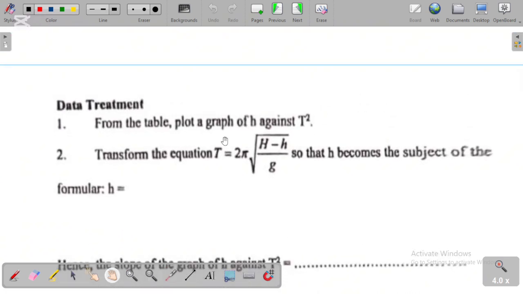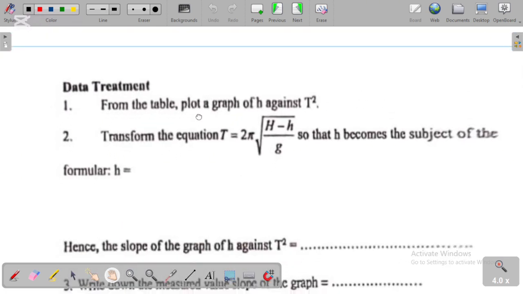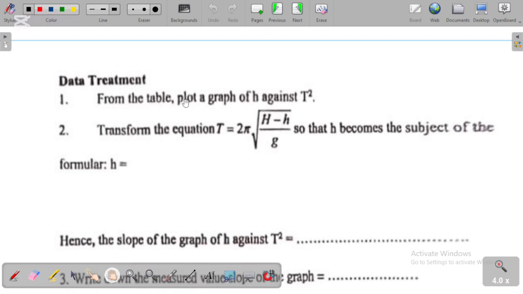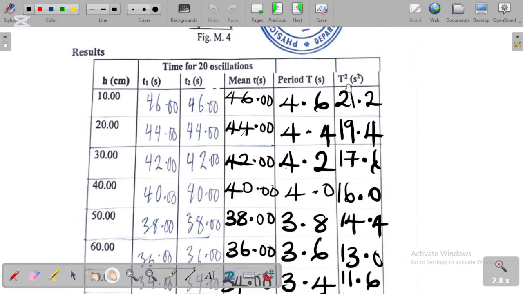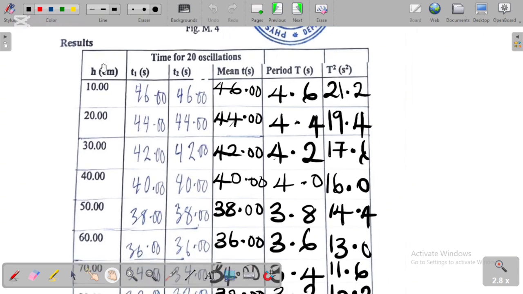All right, so this is the next page. It says, from the table, plot a graph of h against t square. All right, we are asked to plot a graph of h against what? T square. H against t square. H is the first column, and then t square is the last column.